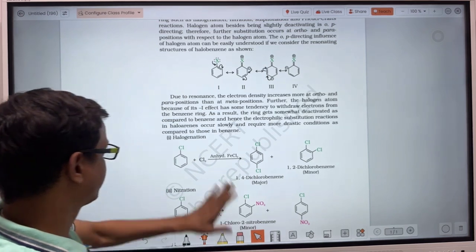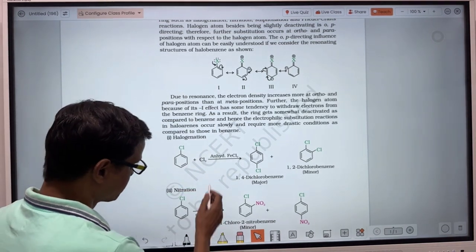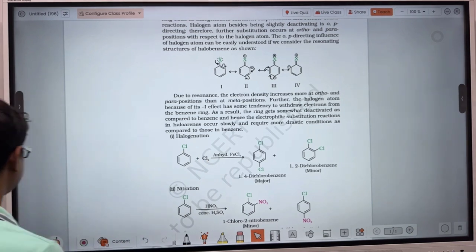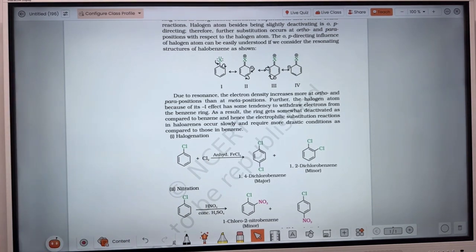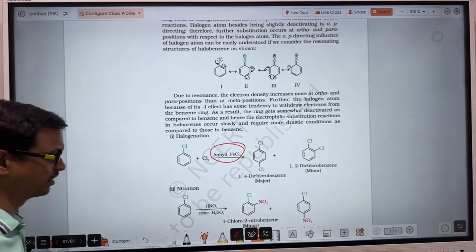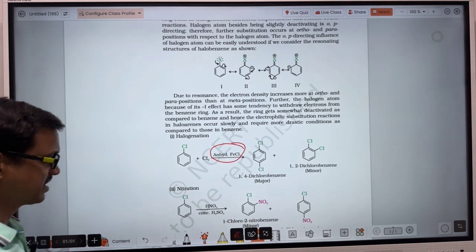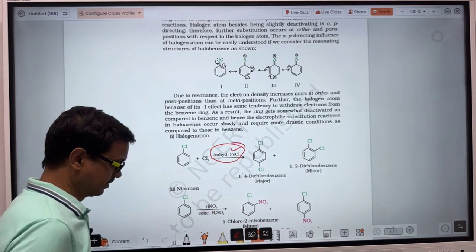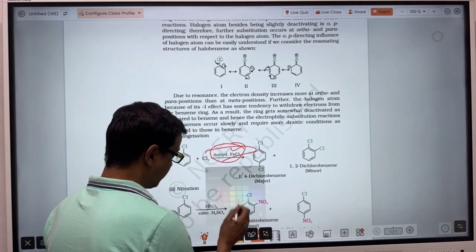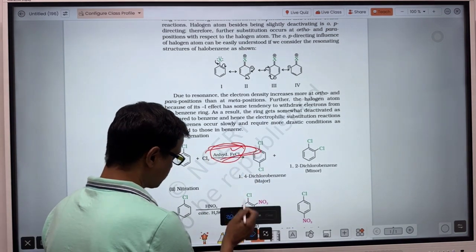For example, when halogenation is done, chlorine reacts in the presence of FeCl3, or any Lewis acid. FeCl3 is a Lewis acid because the iron contains a vacant d orbital.